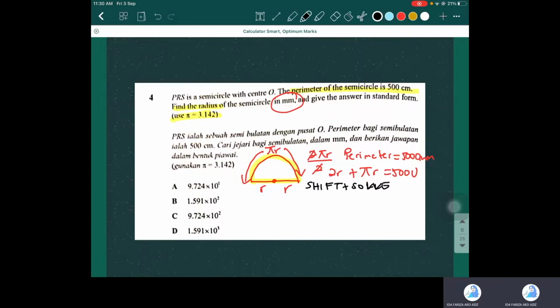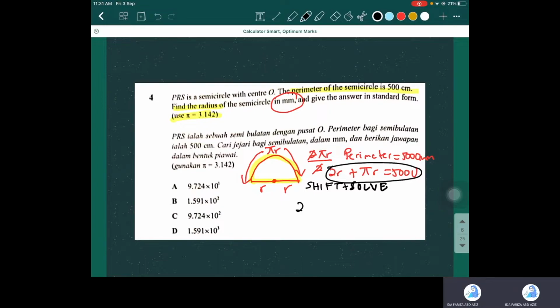Bila kita nak guna ni, kita akan transform all this equation we have, kita akan masukkan exactly dalam calculator dan kita akan terus dapat nilai R dengan cepat.